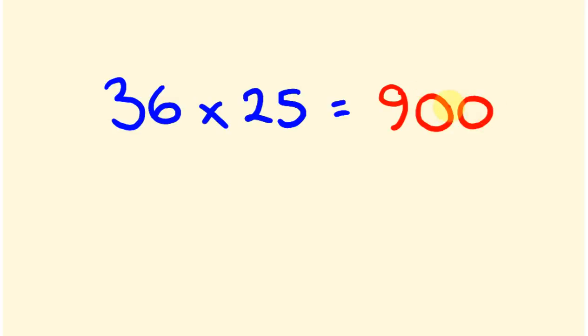So when you're multiplying by 25, we're dividing by 4 and timesing by 100. Why is this? Because 25 is the same as 100 divided by 4. So if you're multiplying by 25, that's how you do that one.